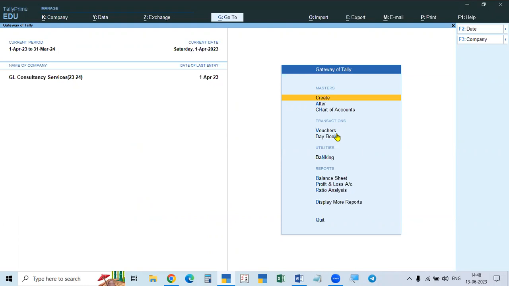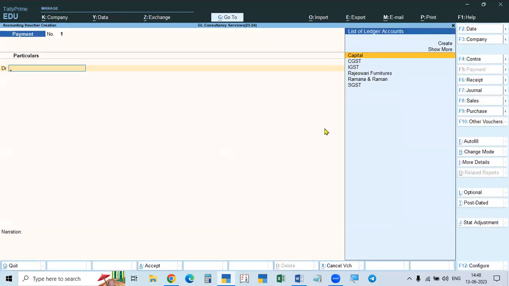Okay. Now, when we are going to the vouchers, we know in the beginning itself, at the time of learning about the types of vouchers, in the case of goods, we have to use all from F4 to F7. That is F4 contra, F5 payment, F6 receipt, F7 journal.